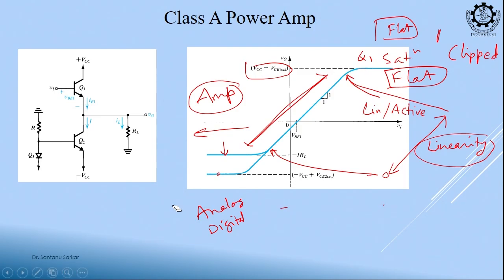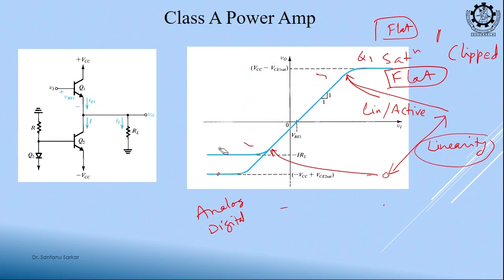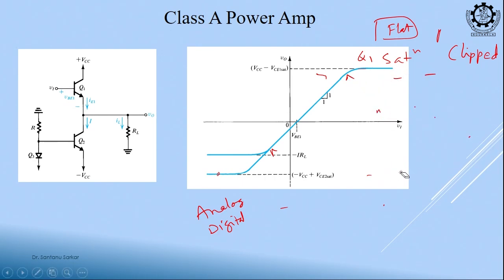All right. So, we have discussed the characteristics of this. Can you tell me what this characteristic is? This characteristic is known as the transfer characteristic, or input versus output characteristic. Where is your input? Vi. Where is your output?